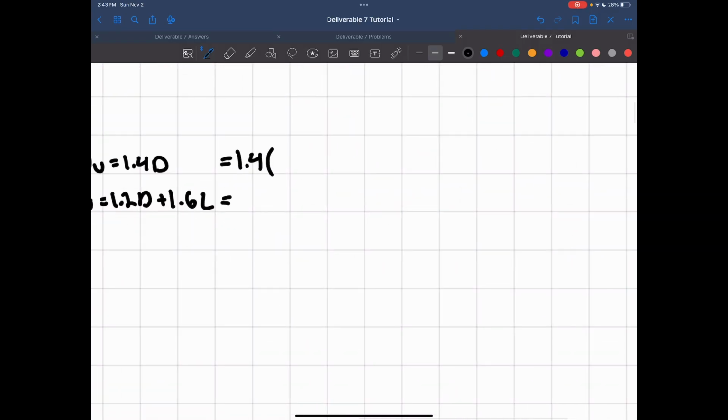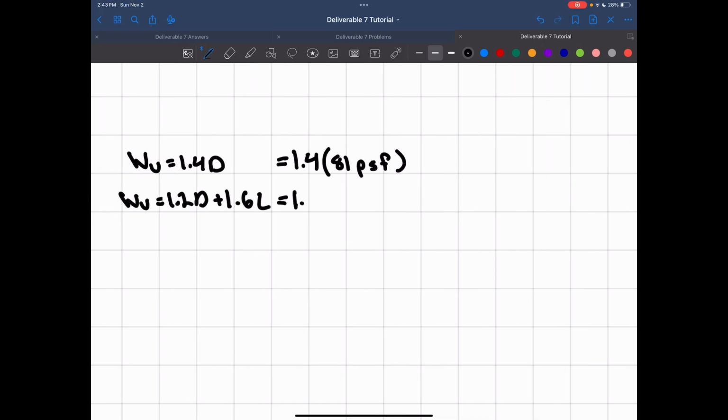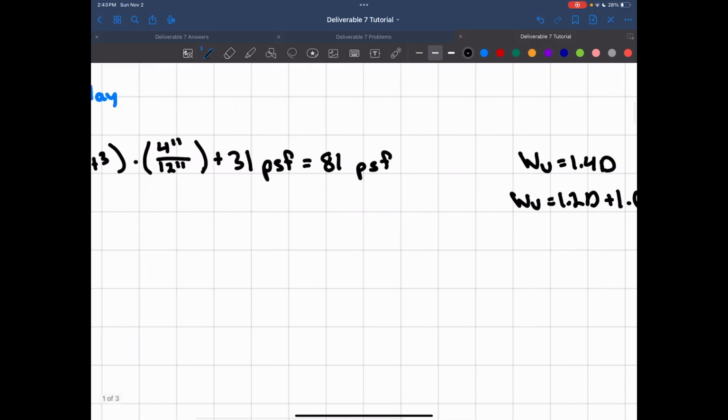So here we have 81 pounds per square foot. And remember, pounds per square foot, that's the same thing as force per area. So this is a stress. And this doesn't even take a whole lot of math to look at, but we can pretty clearly tell that our bottom combination with the live load is going to be greater.